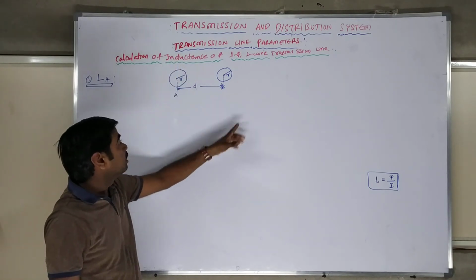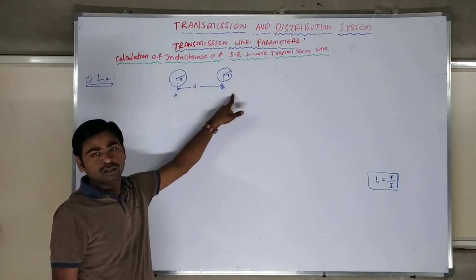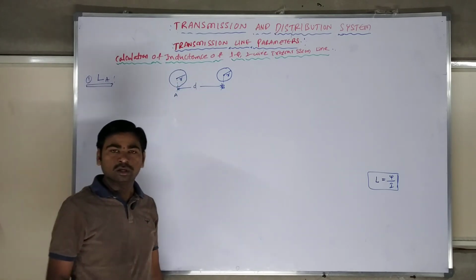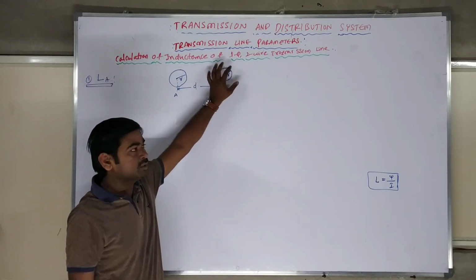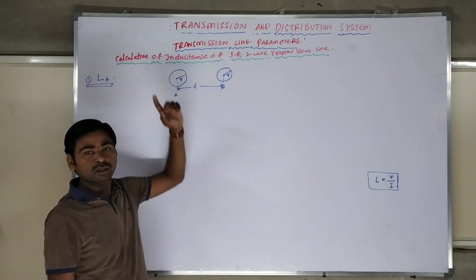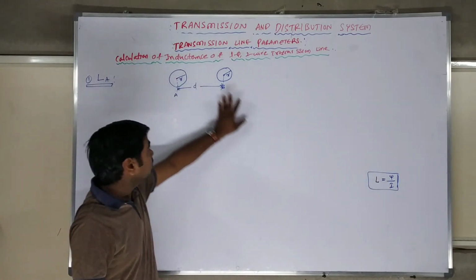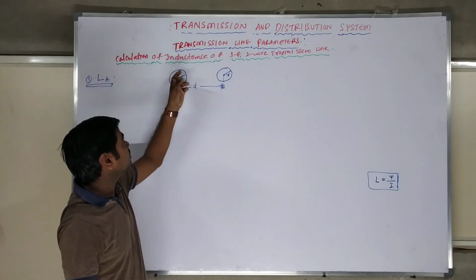One more thing: the current flowing through the other conductor B also influences conductor A, because current is flowing in conductor B too. These flux linkages will affect this conductor.